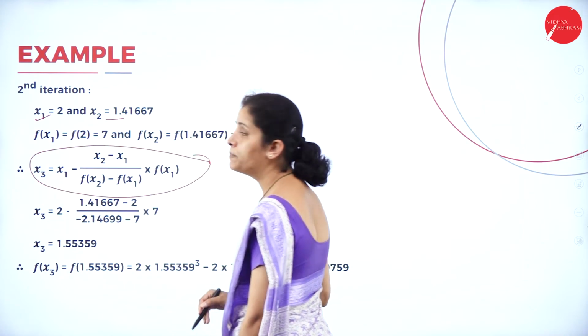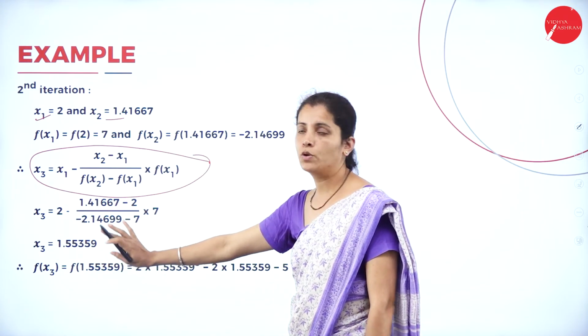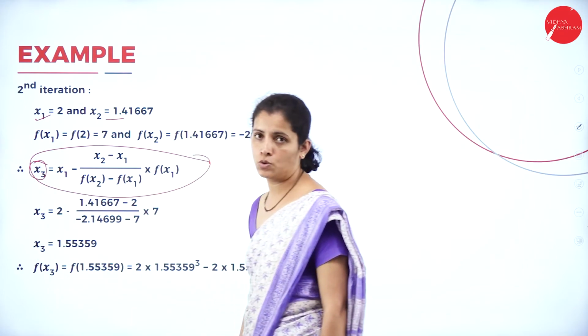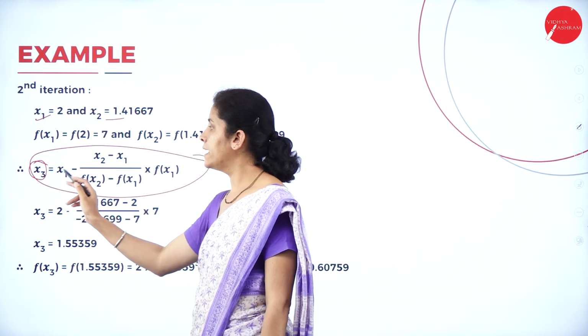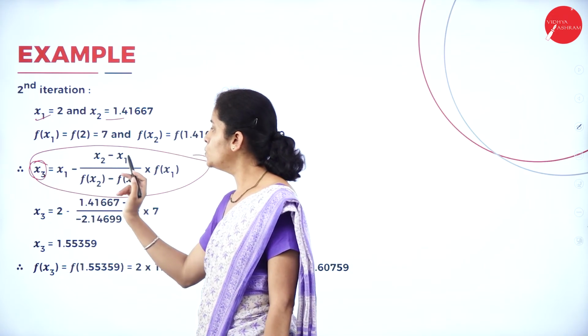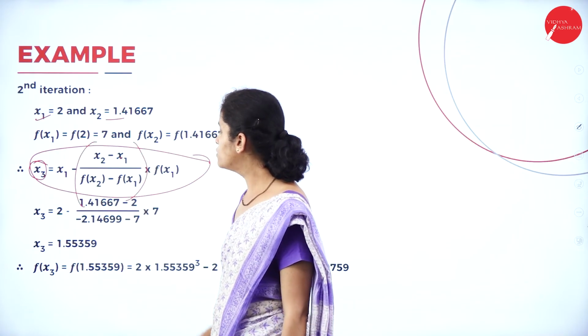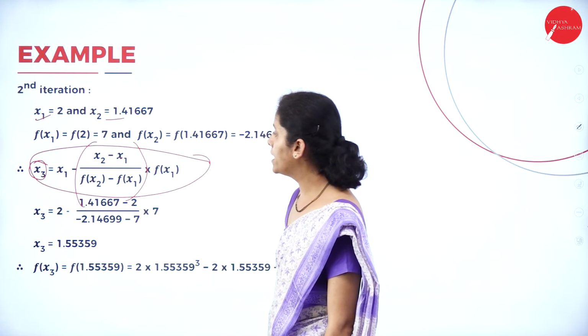See the modified formula here. If I consider previous example, in all the iterations, I'm going to consider the same formula and I'm going to have only x2. See here it is x3. When it is x3, it is x2 minus (x2 minus x1) divided by (f of x2 minus f of x1) multiplied by f of x2.